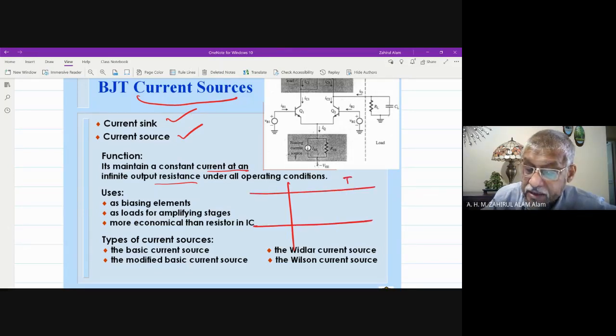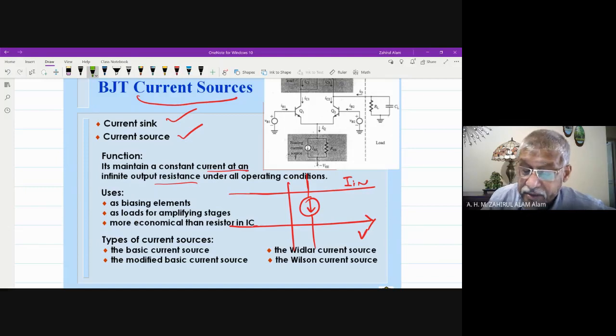This is I in. If we change the voltage across the current source and it varies, but the current remains constant, then it is the ideal current source. But if it is non-ideal, if the voltage varies, the current may vary with the variation of voltage across this current source.